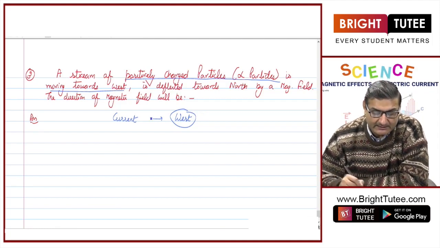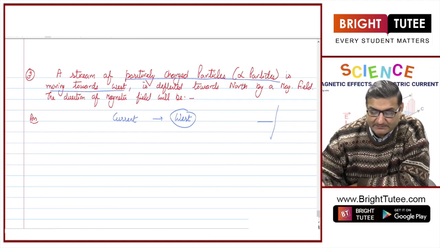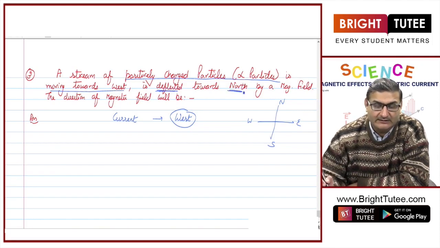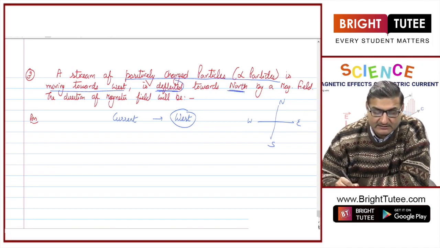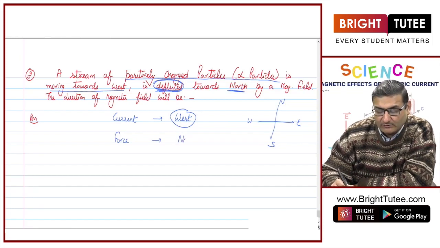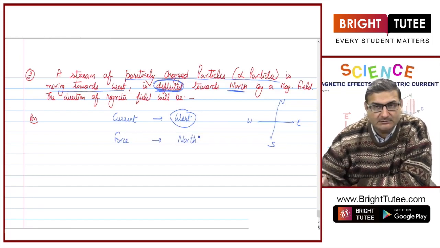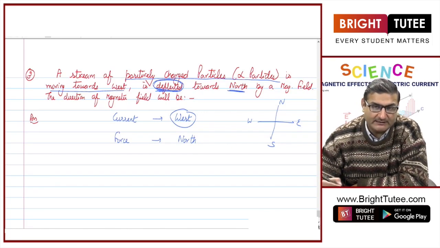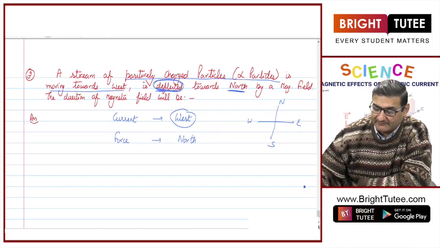It is deflected towards north, and wherever is the direction of deflection, that is the direction of force. The force is towards north. Now we need to calculate the direction of magnetic field lines.